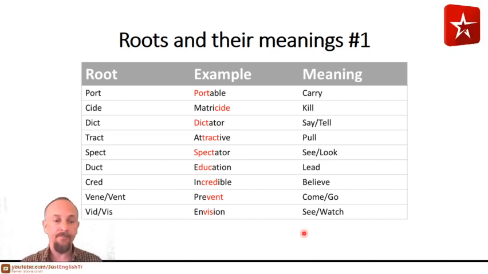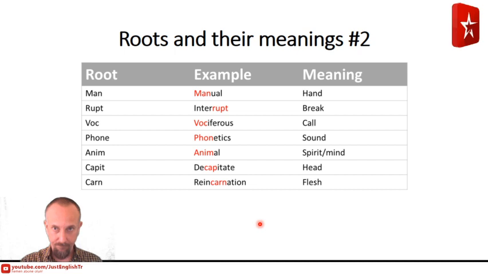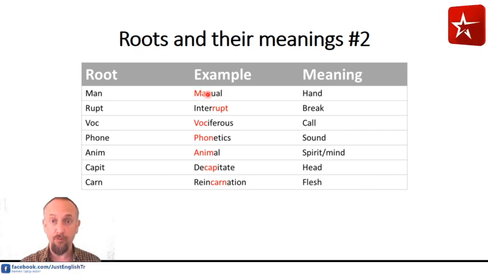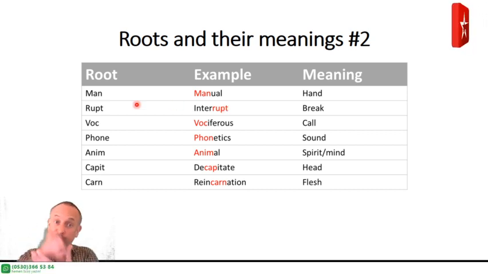Okay, so we also had, from last week's lesson, some new roots. Man, which means hand. For example, manual, something which can be controlled by hand. We saw that rupt meant to break, as in interrupt, meaning to break into, or to break between two things.